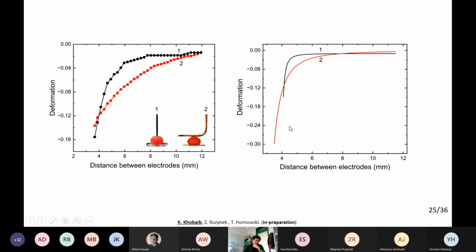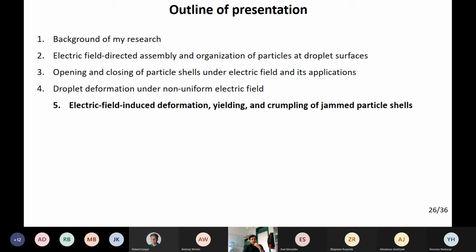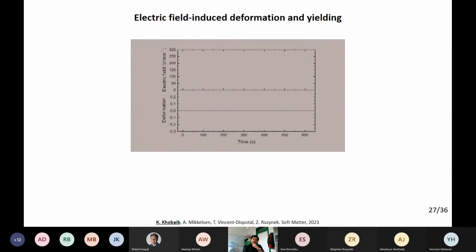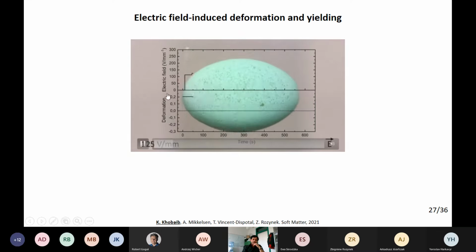Now I want to move to the last part of my talk, which is based on electric field induced deformation, yielding and crumpling of the jam particle shells. Here we use the jam particle shell, which is initially in a prolate shape, and we subjected it to the electric field. Here we plotted the electric field versus time and the deformation versus time.